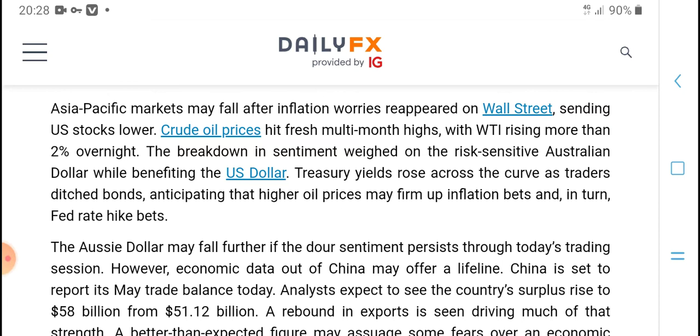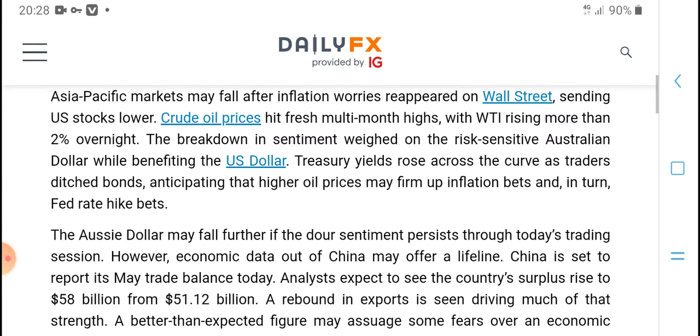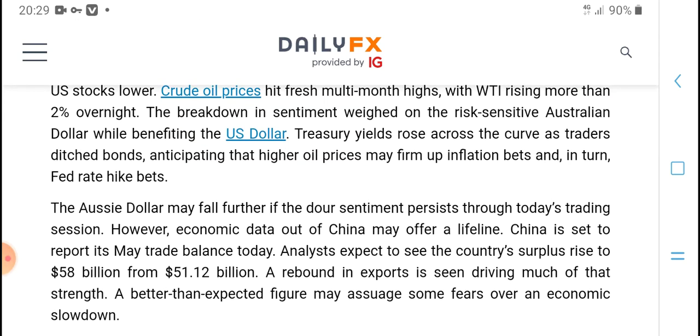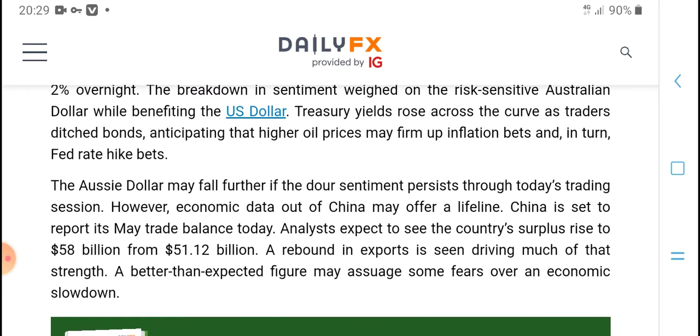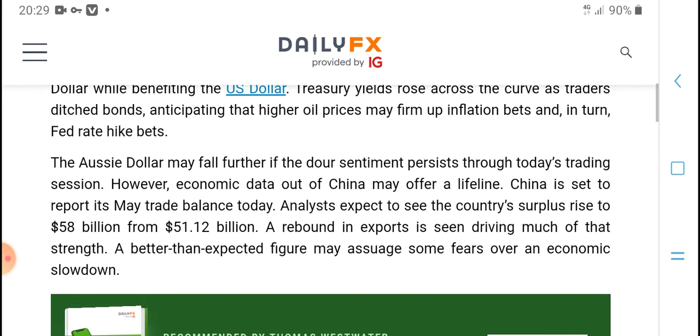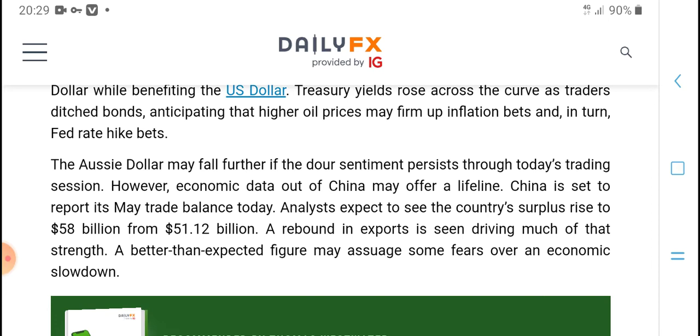China is set to report its trade balance today, analysts expect the country's surplus to rise to 58 billion from 51.12 billion dollars, a reputation of export in the figure, much of that driving a better export figure.